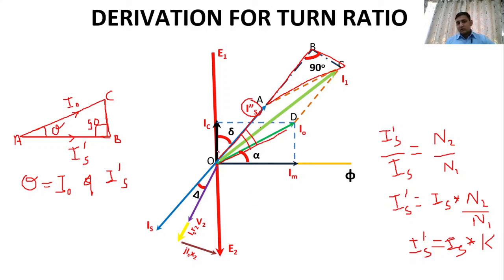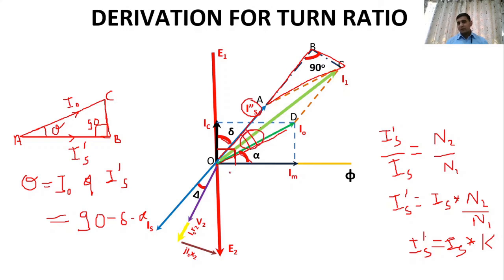So when we take this to be a 90 degree angle, the angle between I0 and Is dash is 90 degrees minus del minus alpha. This is 90 degrees, and we subtract the del angle and the alpha angle, so we get this angle.